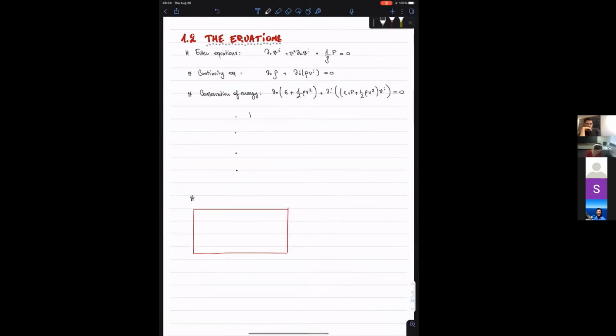For example, P is the pressure, and we take it to be a function of T and mu. So we give it an equation of state. Then we have rho, which is taken to be the variation of the pressure with respect to the chemical potential. So this is the particle number density.